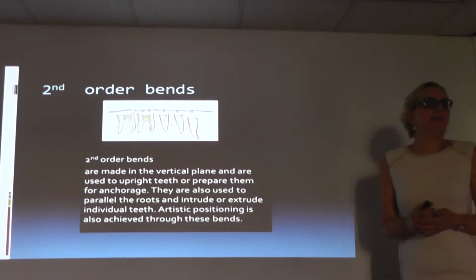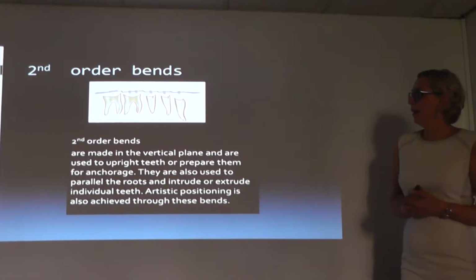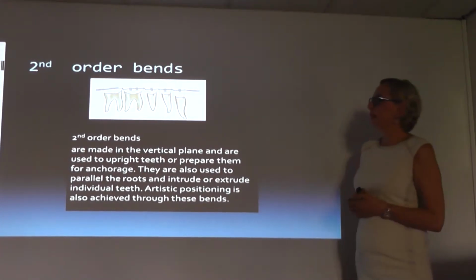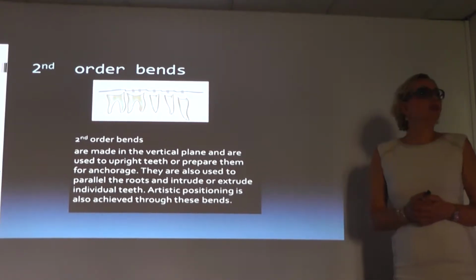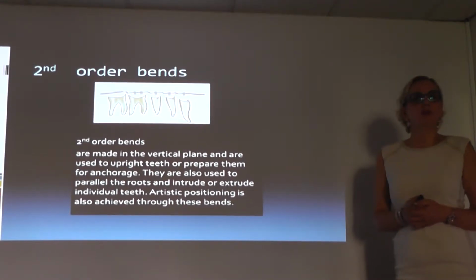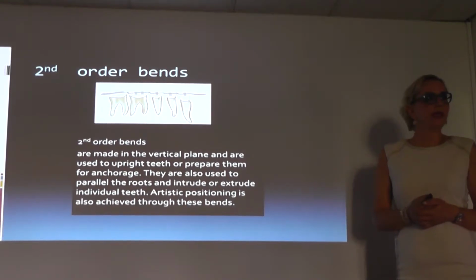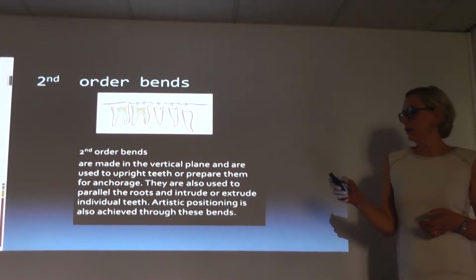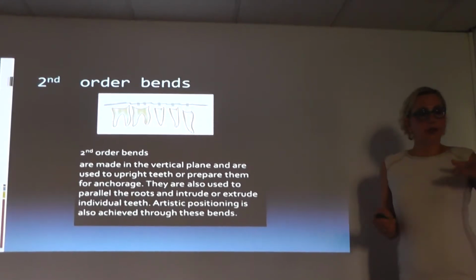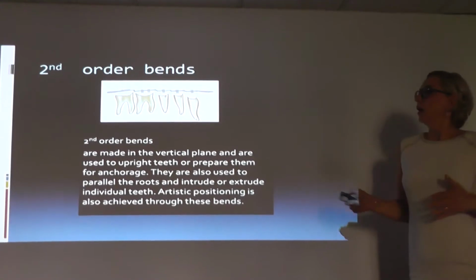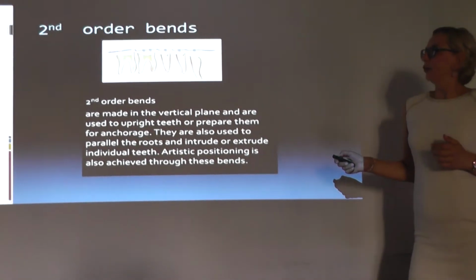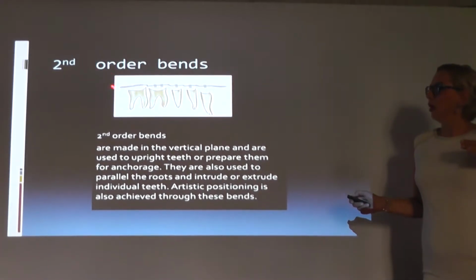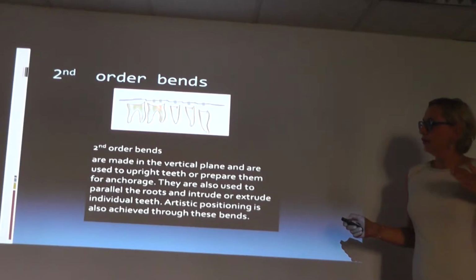Third order bends are bends, I said, in the vertical plane of space. For Tweed philosophy, making third order bends means making anchorage preparation. If you want to flatten the Curve of Spee, you can distalize first the second molar, then the first molar.